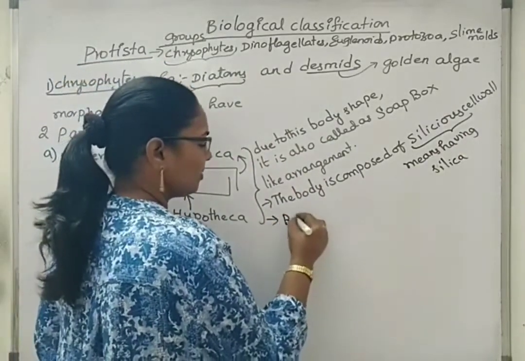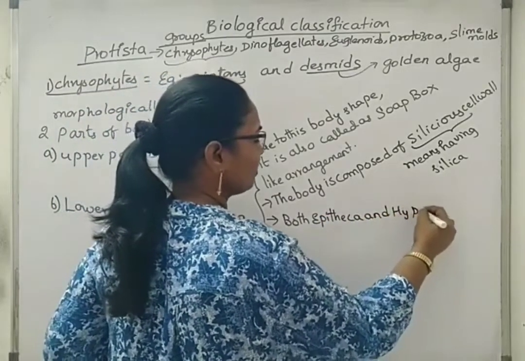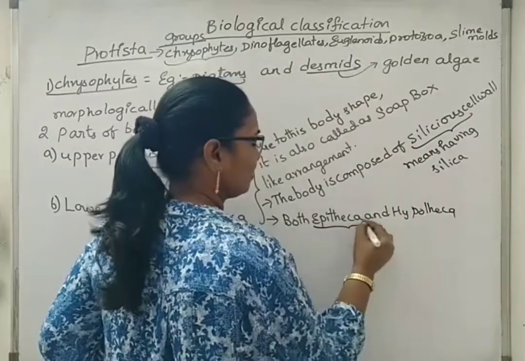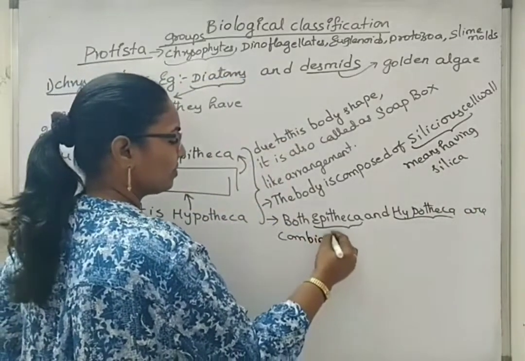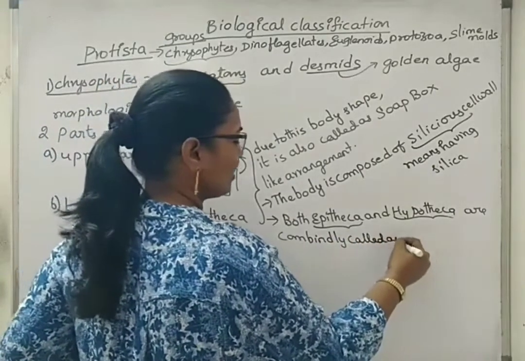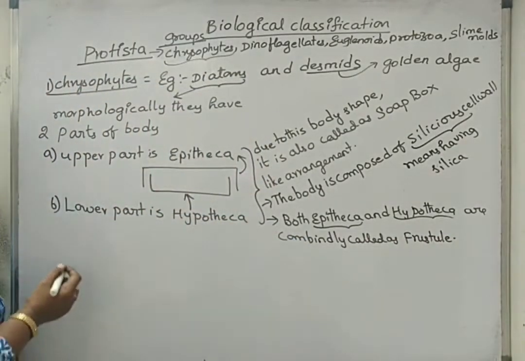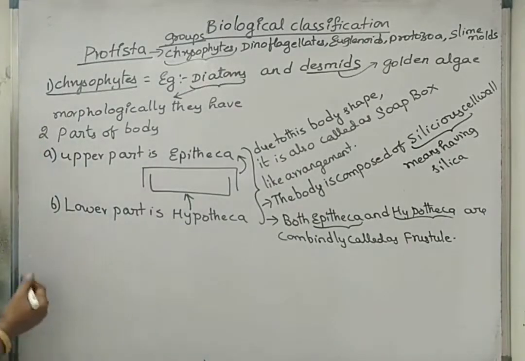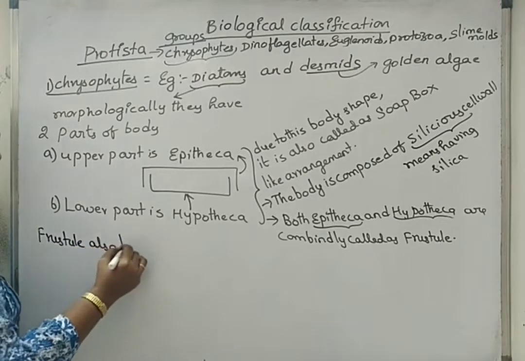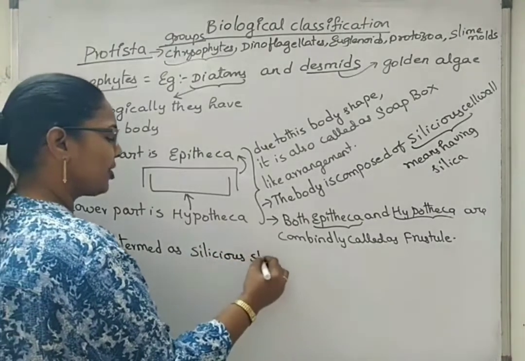Next, both epitheca and hypotheca are combinedly called frustule. Frustule is also termed siliceous shell.